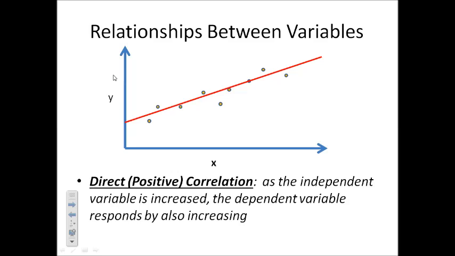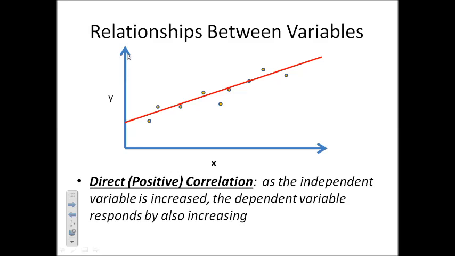Our y-axis, this is our dependent variable. What we're noticing is that all of our points are increasing as we move from left to right. So a direct or positive correlation means that as we increase the independent variable, our dependent variable increases as well. Sometimes you can think about these as going the same way.